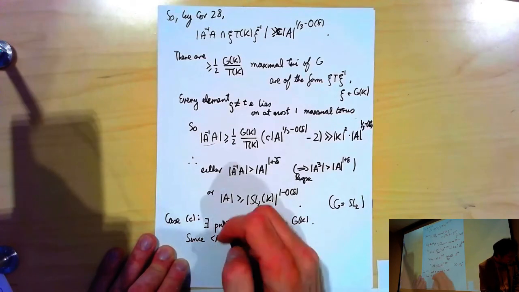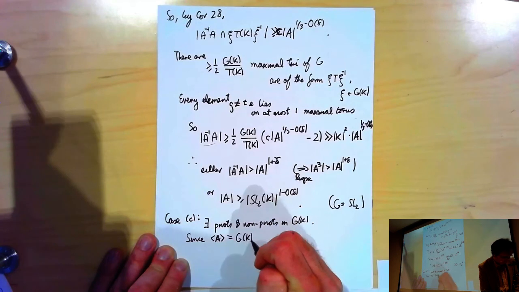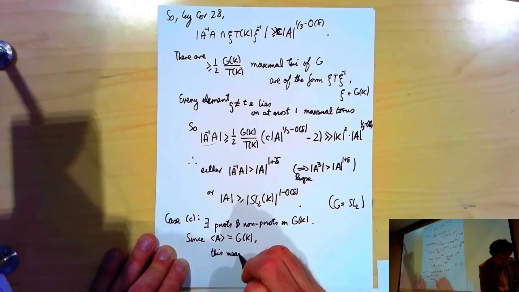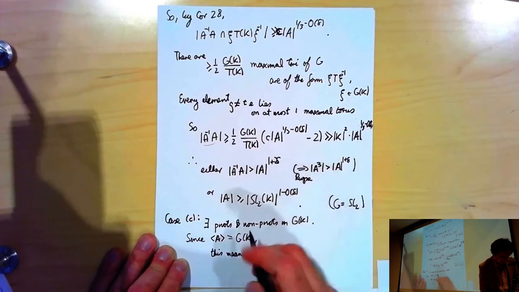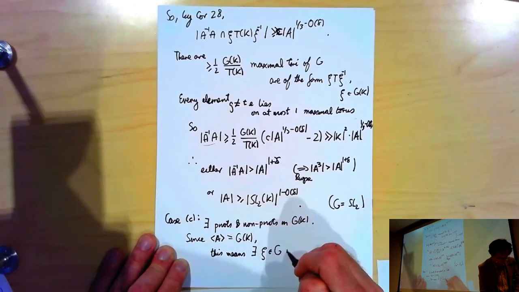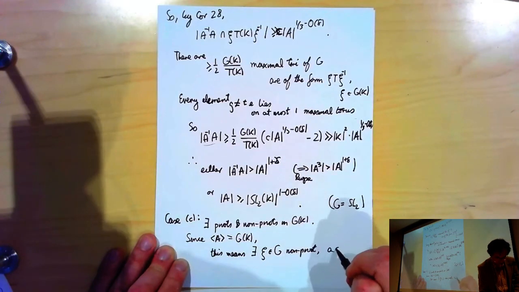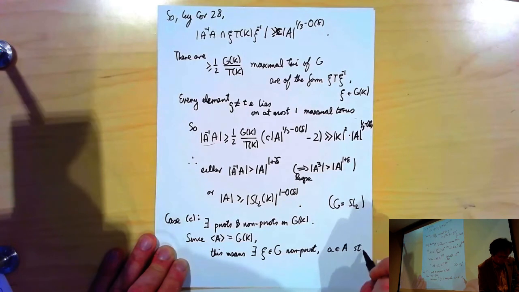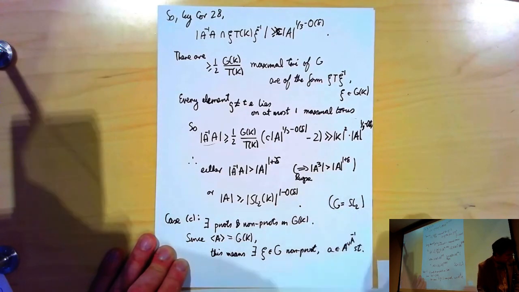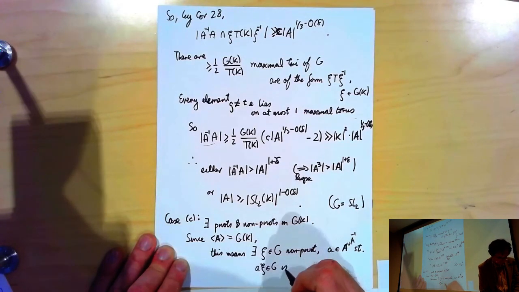Since A generates G of K, this means that there exists a non-pivot ψ and an element a in A union A inverse, if you wish, such that aψ is a pivot.